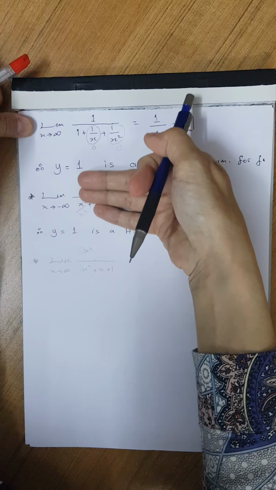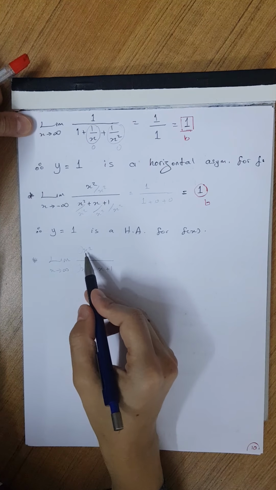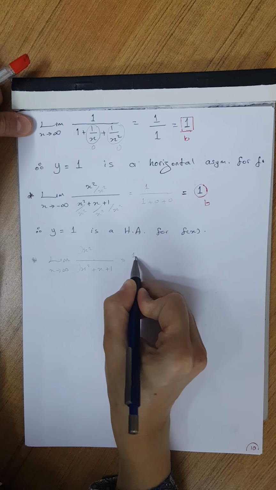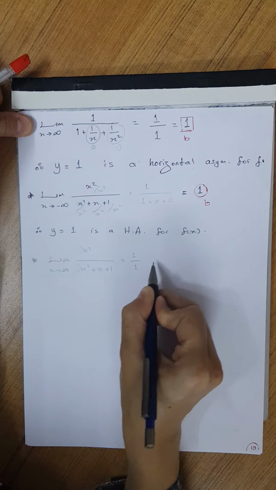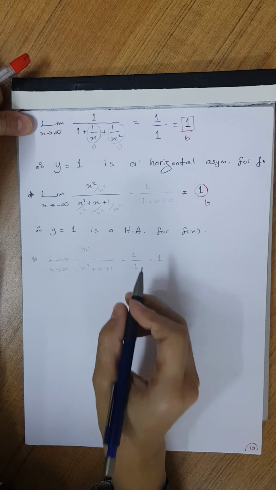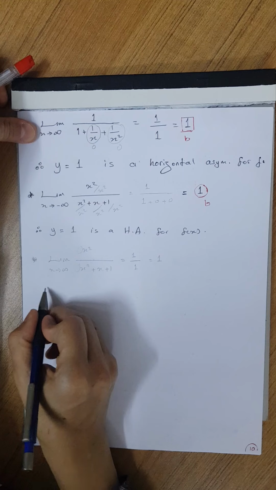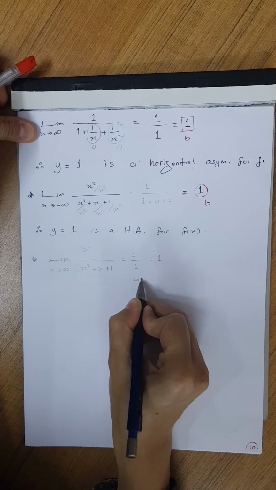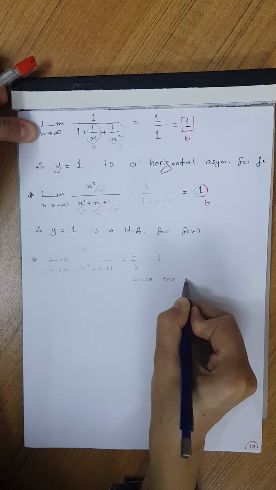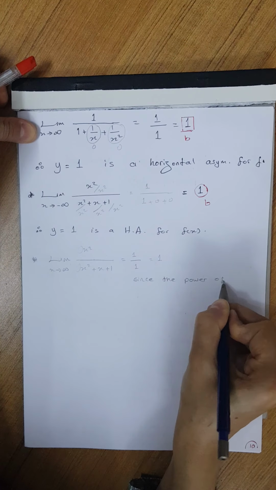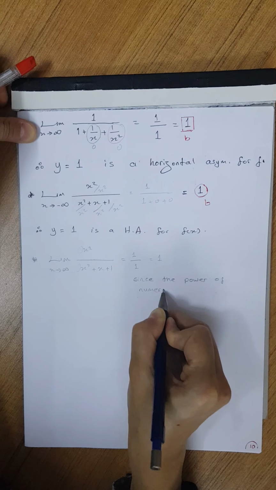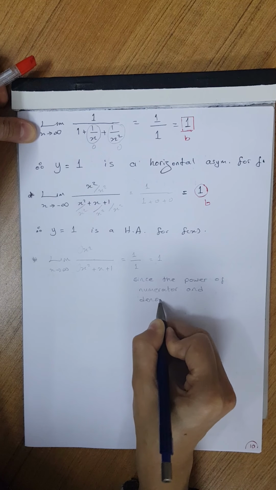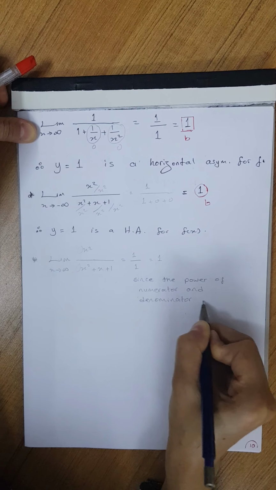Without doing those steps, we can guess that the limit is equal to the coefficient of the numerator, 1, over the coefficient of the denominator, 1, so that's equal to 1. But you have to write the reason for me. What is the reason? The reason is that the power of numerator and denominator are the same.